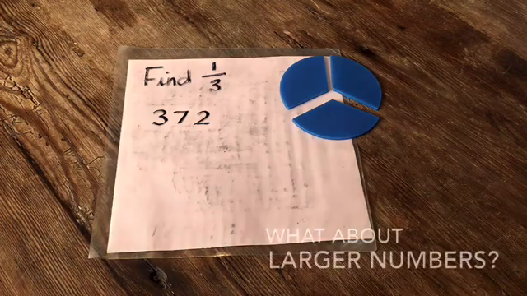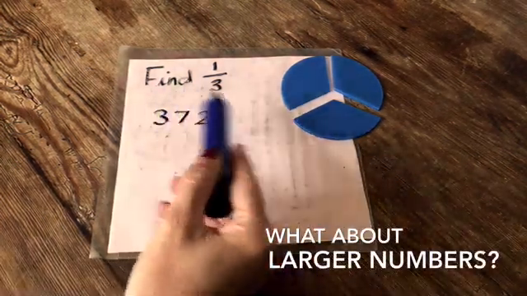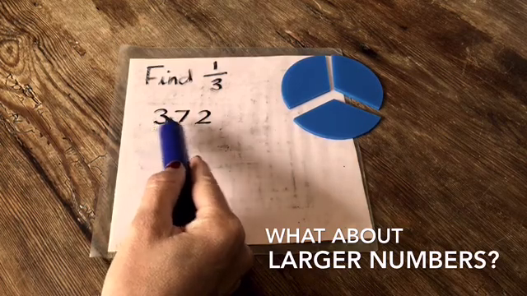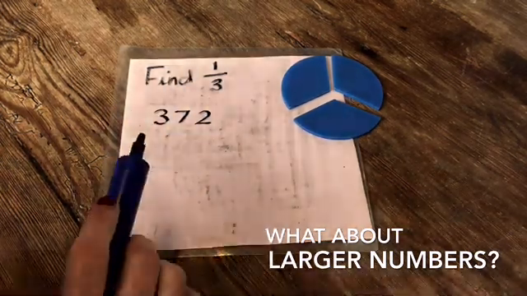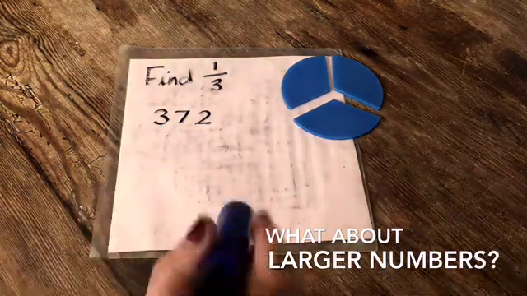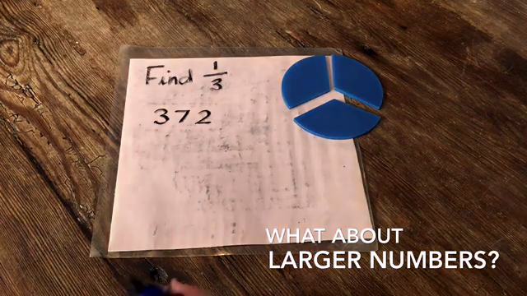It gets a little bit trickier once you see a larger number, because what children want to do is to take 372 and make 3 separate piles, or they end up trying to make 372 dots. And of course that's going to take forever and it's probably going to lead to error.